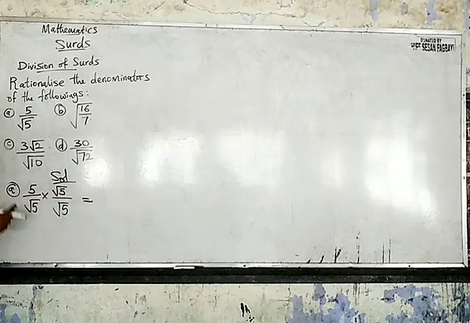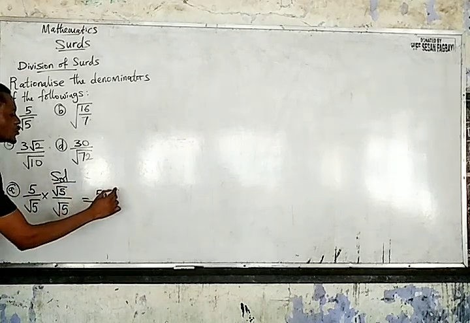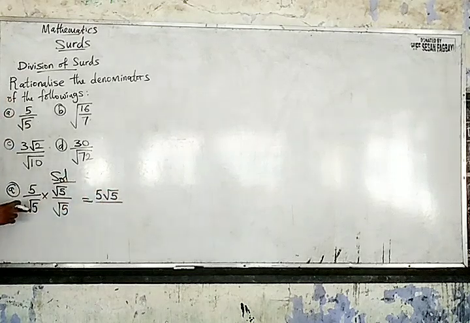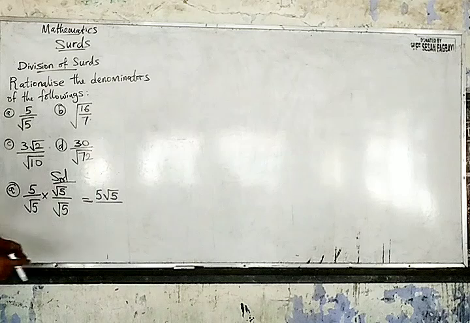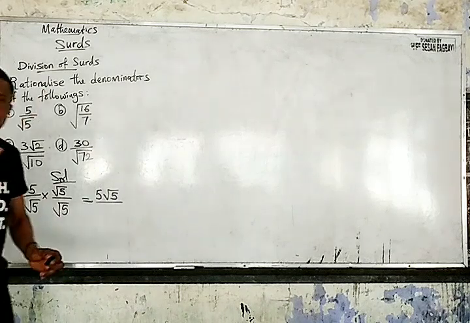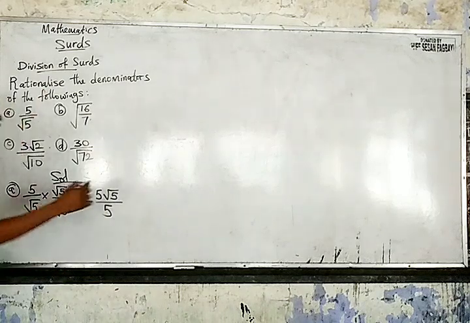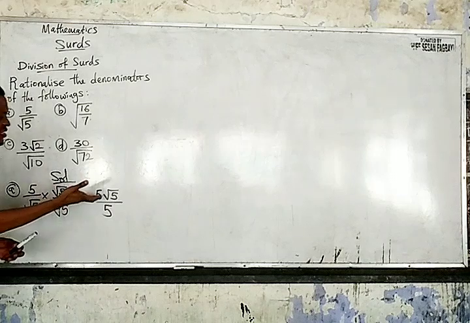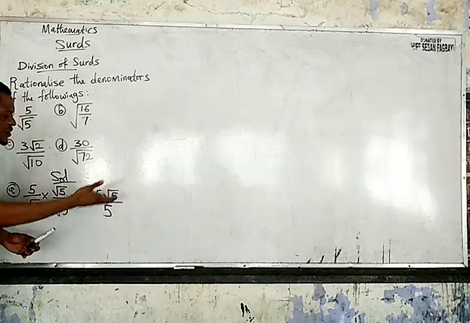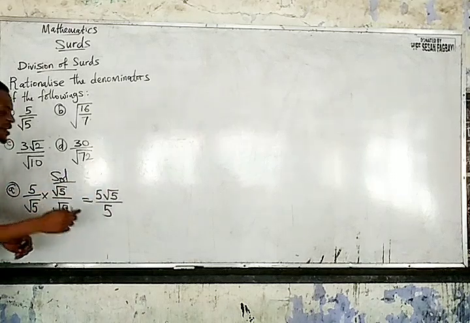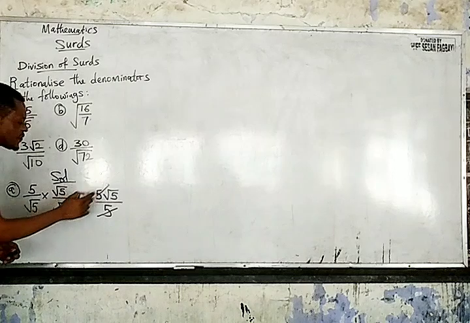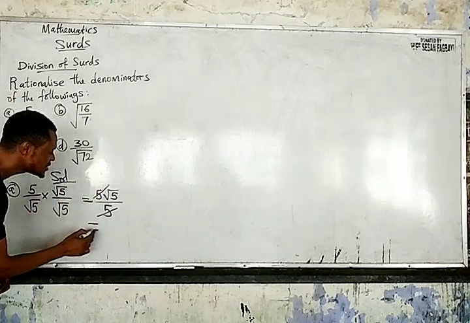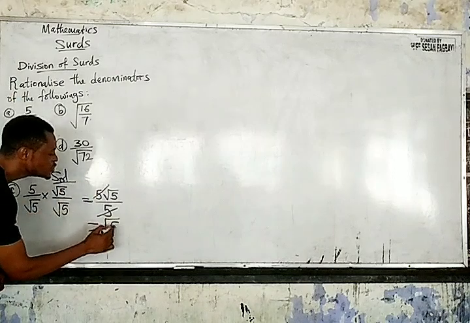Moving further, root 5 multiplied by 5, we have 5 root 5, all over root 5 multiplied by root 5, which will give us 5. As this is 5 multiplied by root 5, 5 can cancel 5. Your answer will end up to be root 5.